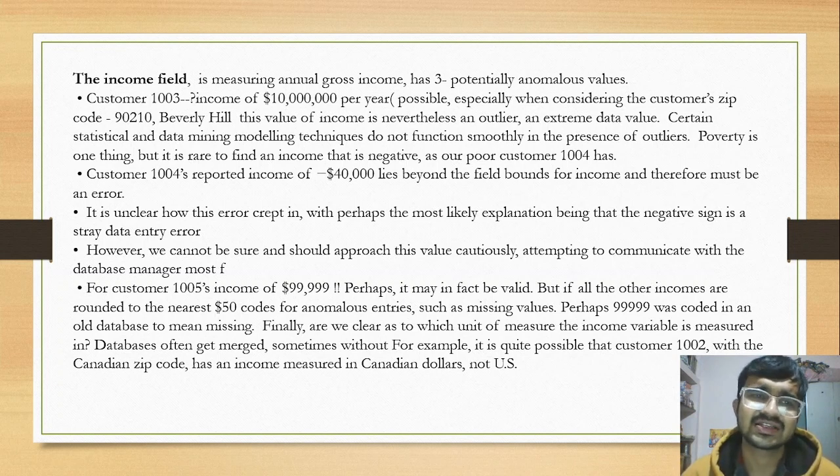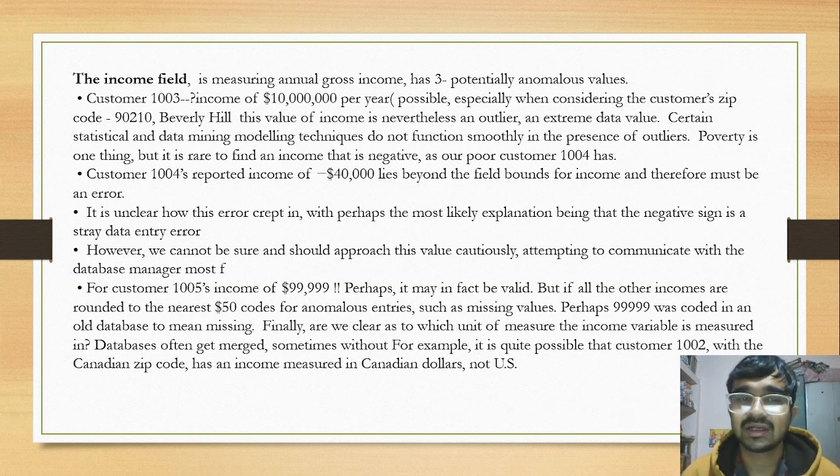Certain statistical and data mining modeling techniques do not function smoothly in the presence of outliers. Poverty is one thing, but it is rare to find an income that is negative, as with our poor customer 1004. So customer 1004 reported an income of minus $140,000, which lies beyond the bounds for income, and therefore must be an error.